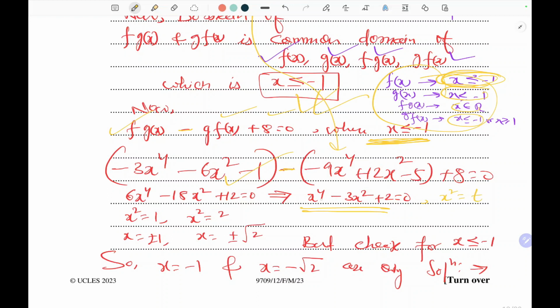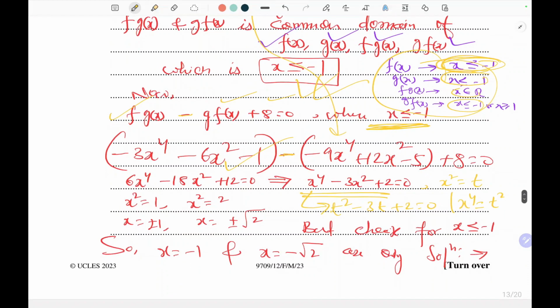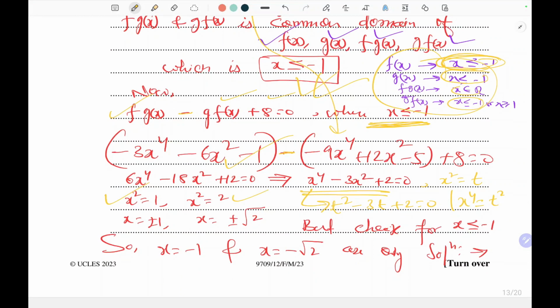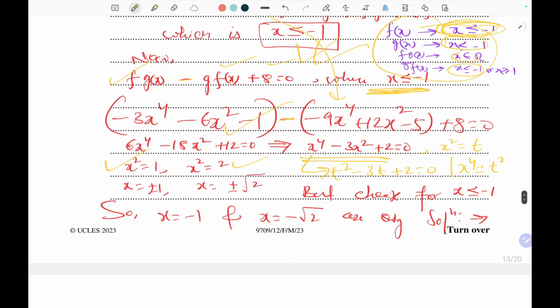Let t equal x squared. So this is t squared minus 3t plus 2 equal to 0. Why? Because if x squared is t, then x to the power 4 is t squared. So this is t squared minus 3t plus 2. Just use a calculator to get the t values. So t was x squared, so x squared is 1 and x squared is 2. x is plus or minus 1, x is plus or minus root 2 here. So we have 4 values of x, plus 1, minus 1, plus root 2 and minus root 2.